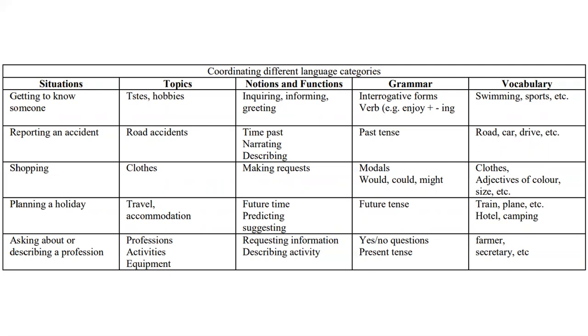So ang function nimo is you need to ask them, you need to inform them, and you need to greet them. Then ang grammar ninyo diri is like interrogative form. Like, wow, that's amazing. Inana ka og ang verb nimo na yes, my hobby is playing guitar. So in a verb plus ing form, and that will be like present, inana siya dapat na part na grammar.